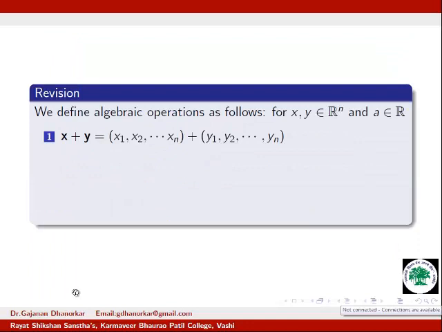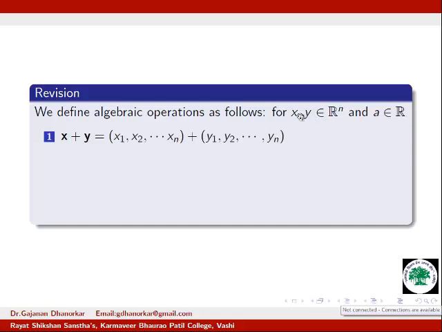Next, how do we take addition of elements from R^n space? Here x and y are two vectors from R^n, and a is any scalar. The elements of R^n are the vectors, and the elements from the field R are the scalars.